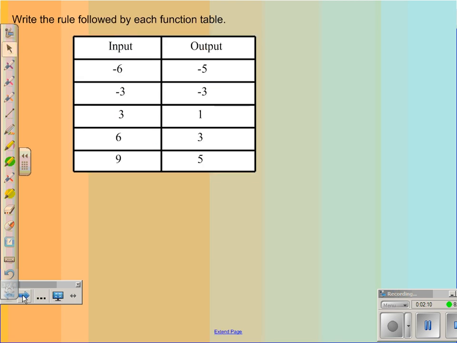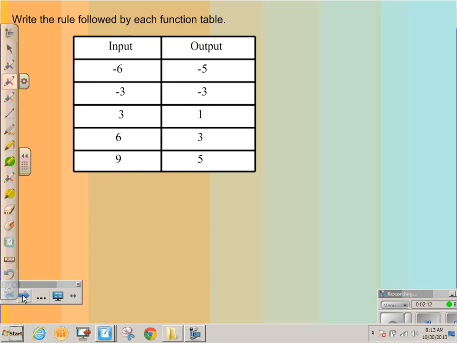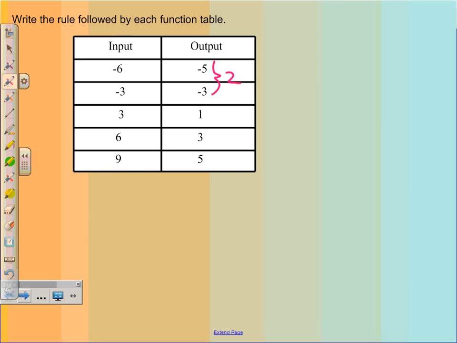In our next example, same idea, I want to find the change in my output versus the change in my input. So as far as -5, -3, we've added 2 there. Here we're going to add 4, 2, and once again 2. On my x's, or my input, I had a change here of 3, a change here of 6, 3, and 3.